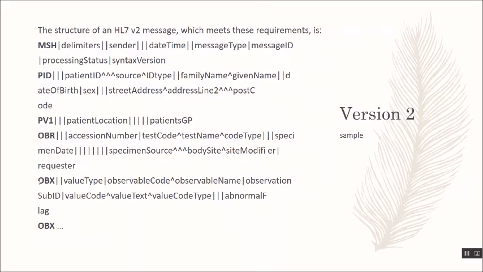So each segment relates to information about the patient. The data types are in here. For example, in this segment, you will see the patient ID, and the patient ID will usually be numbers, so the data type will be numbers. And sometimes, as you can see here, there's a date time, so the data type for this field will be the date time type, not a type like numbers.